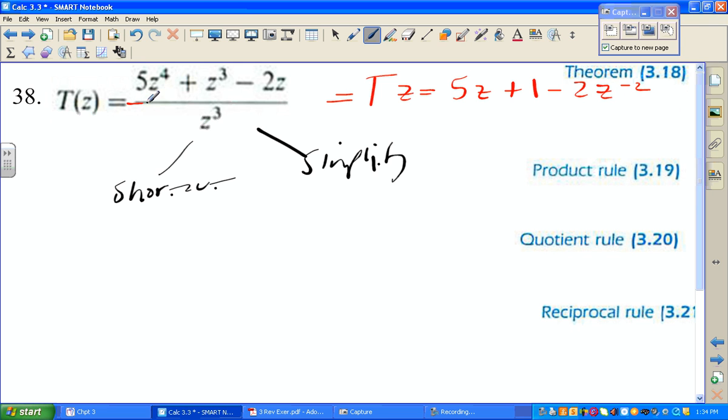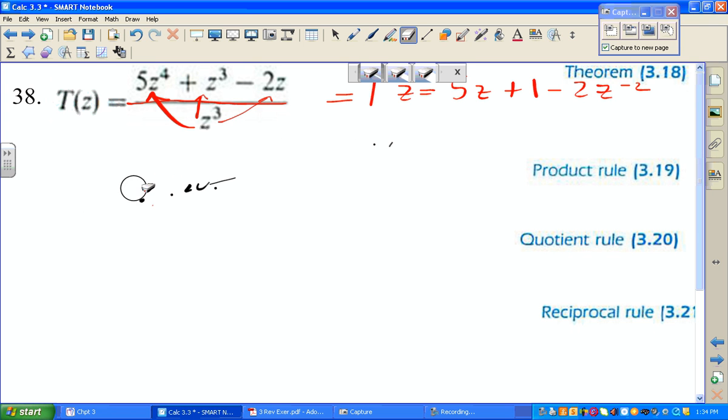The long division bar means you're dividing z cubed into each term. When you divide with the same base, you subtract the exponents. Therefore, you don't have to apply the quotient rule in your shortcut; you just apply the power rule because you simplified.